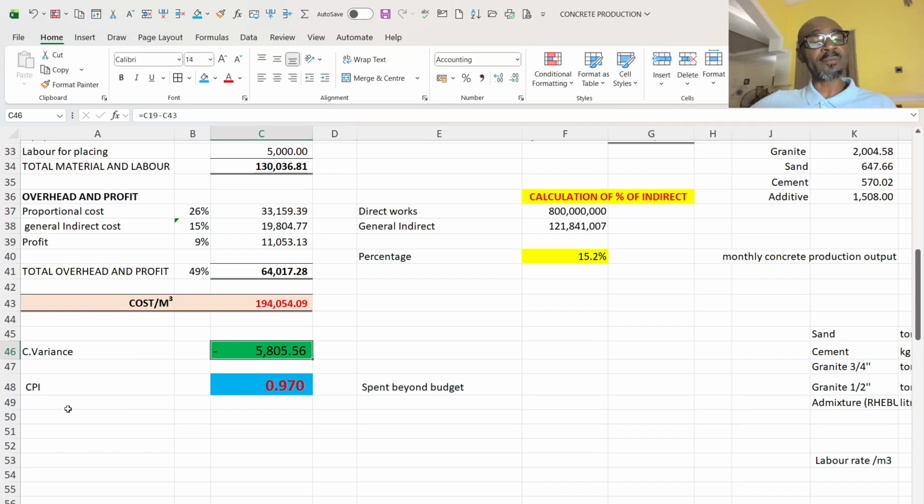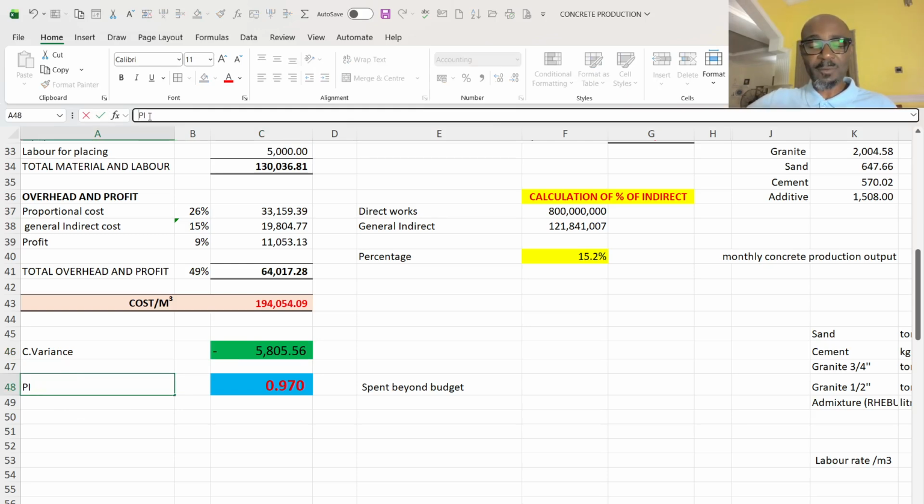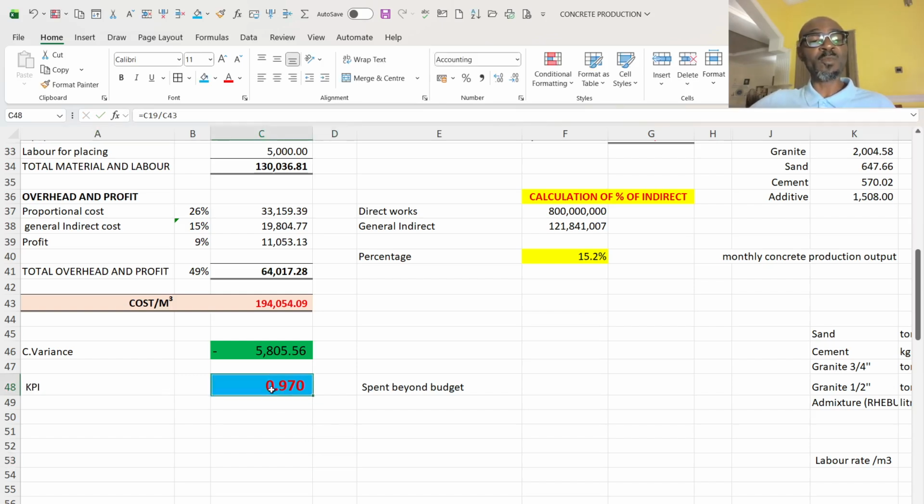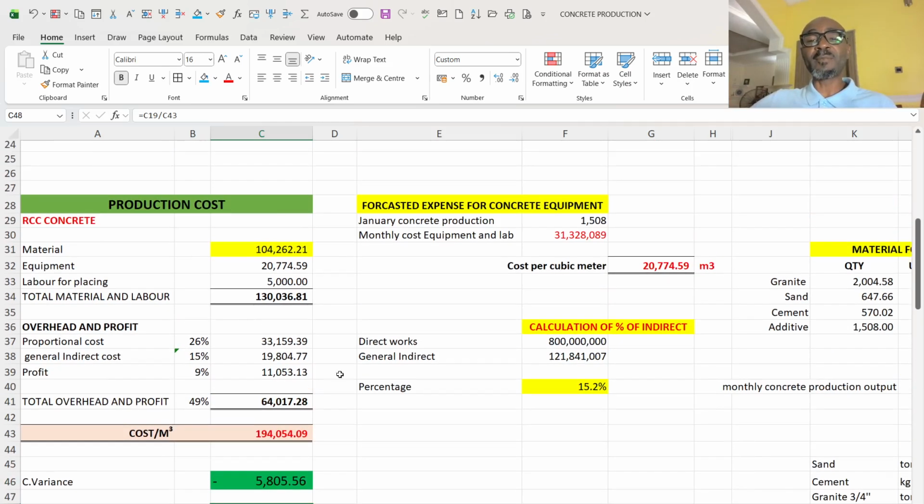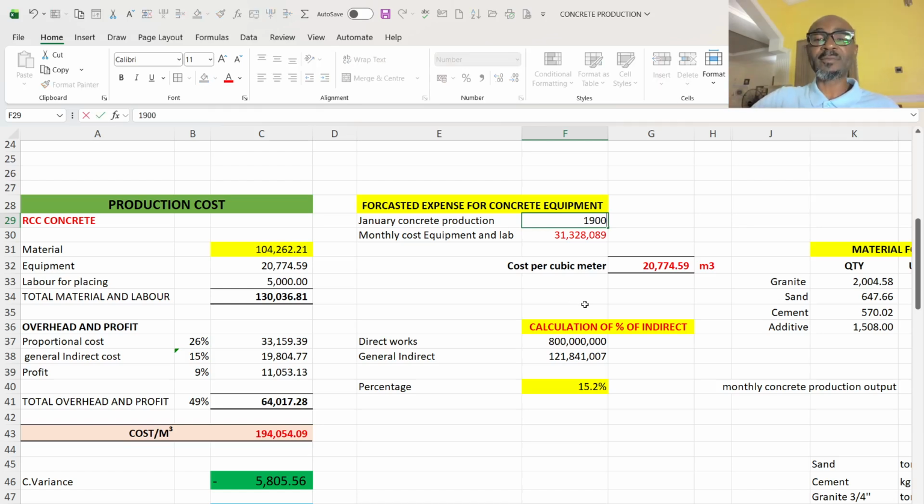Then my KPI, my key performance index, normally if it is less than 1, it means you are not doing fine. If it is more than 1 or equal to 1, it means you are within budget or you have made some savings. So as you can see now, let's say I had done, I'm just making some changes here for you to see how it works.